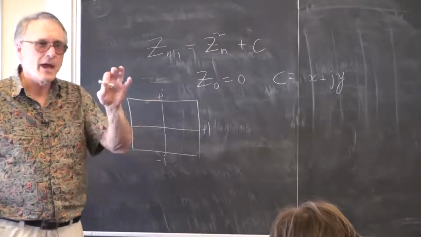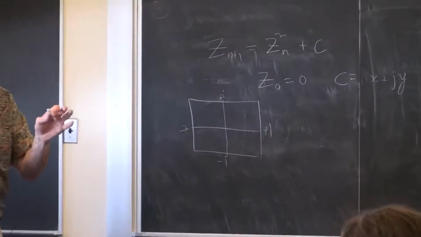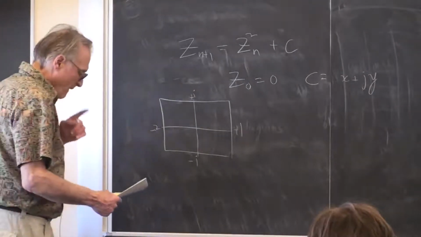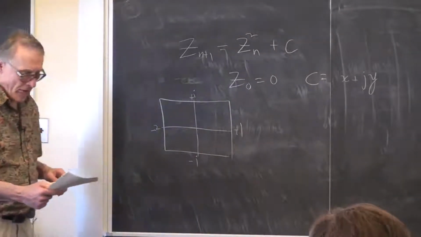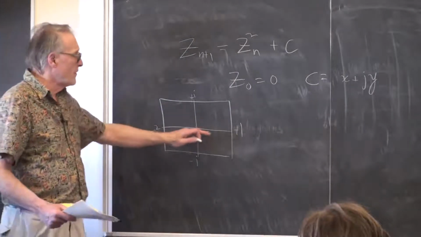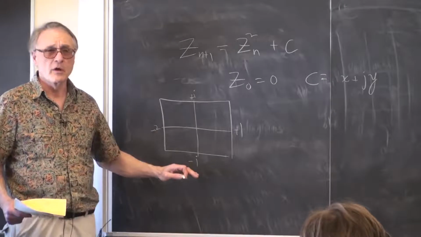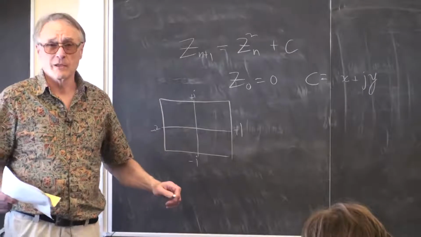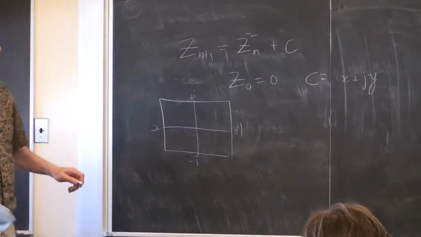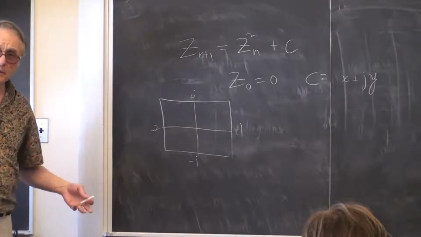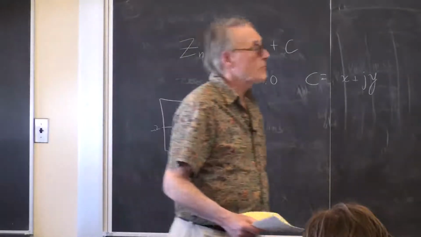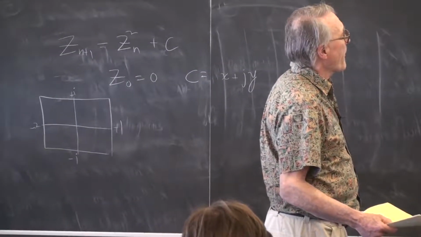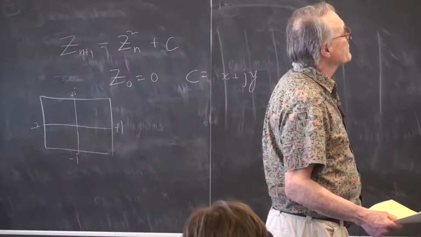So the aspect ratio fits fairly well on a VGA screen. Any value outside of these is guaranteed to diverge and therefore be outside of the Mandelbrot set. So there's no need to actually compute them, right?